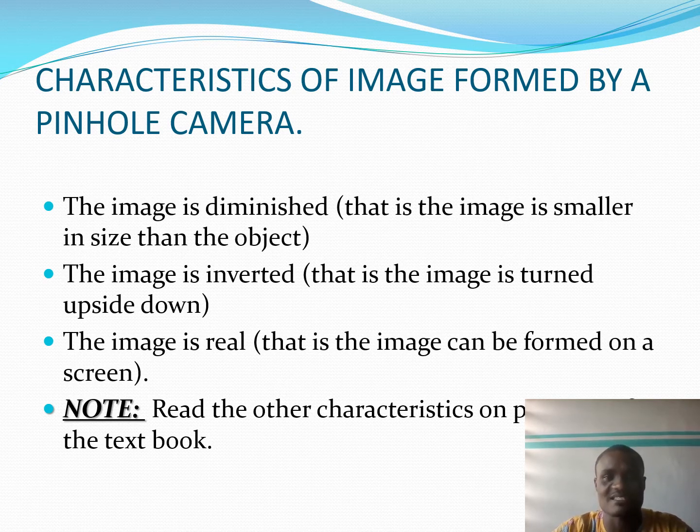When we say something is diminished, it means that it becomes smaller in size than the object. That is, its size is reduced. The image is inverted. That is, the image is turned upside down, and the image is also real. That is, the image can be formed on a screen.